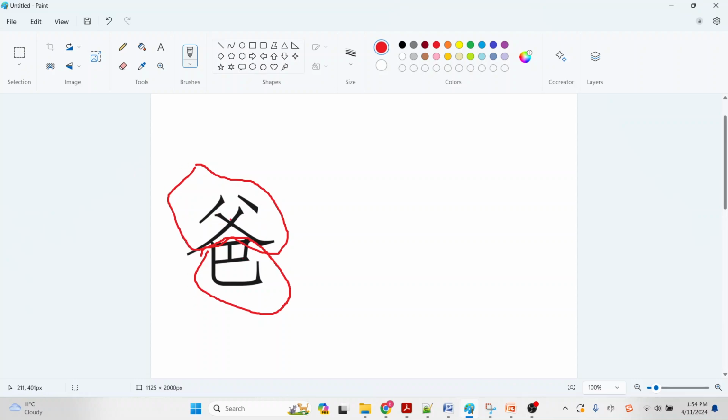For the top part, we first write the top left dot or diagonal. Then the right dot. Then the left diagonal. Then the right diagonal. For the bottom part, we first write outside horizontal.